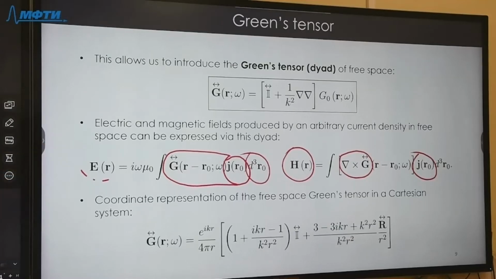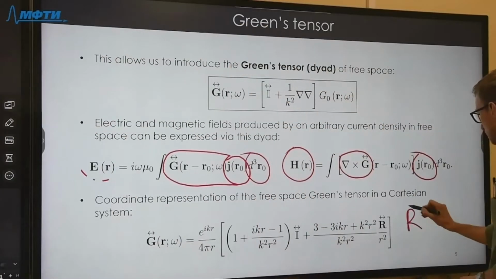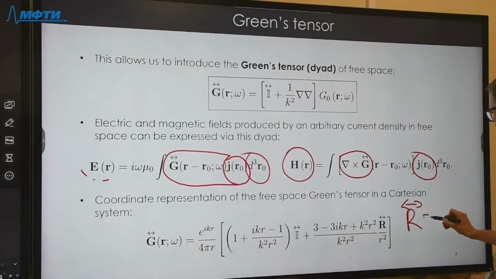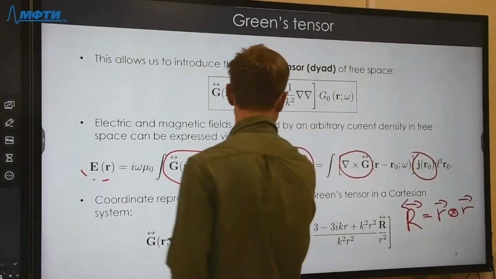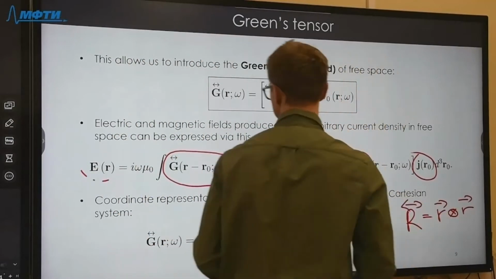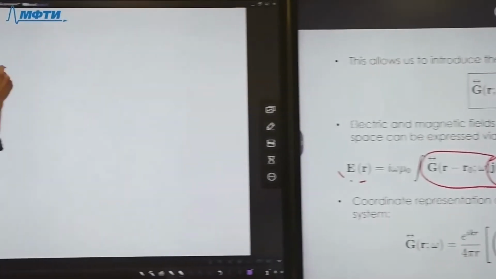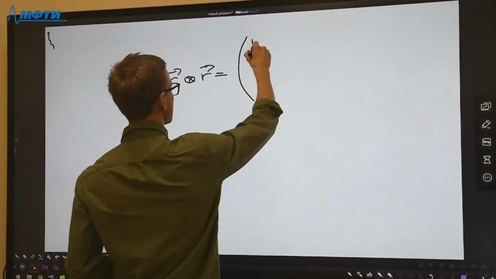So this is the coordinate representation of this Green's tensor in a Cartesian system, where this capital R is a rank 2 tensor, which is the direct product, or tensorial product, outer product of the radius vector R. And we talked previously about what this thing is, and if you don't remember, the direct product, in our case, is going to be a 3×3 matrix.